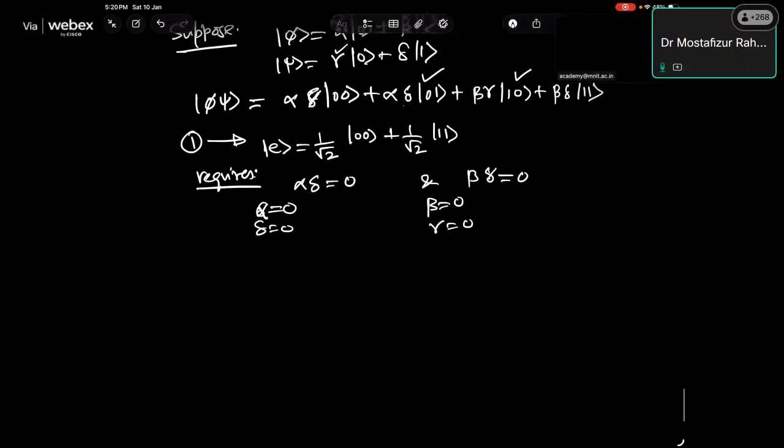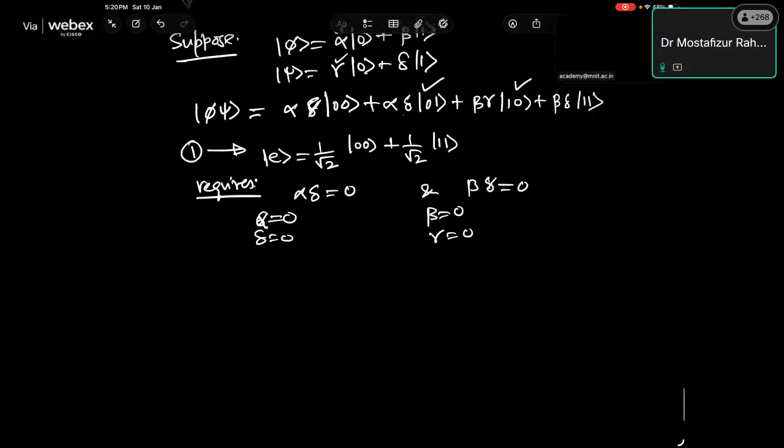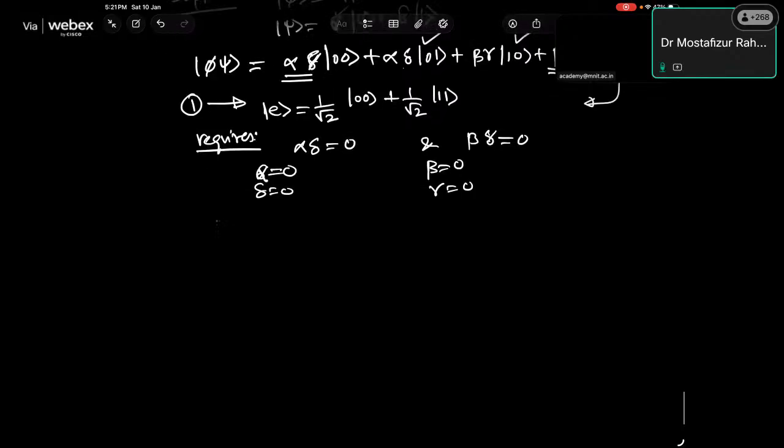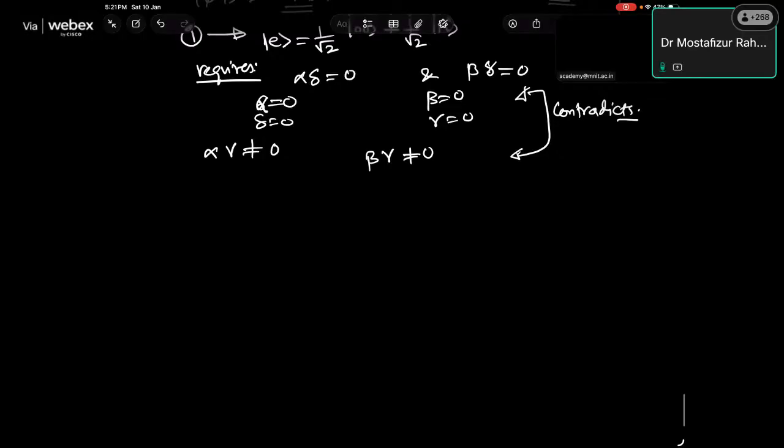If this is the condition, then if we compare these two equations, alpha gamma and beta delta are non-zero. They are 1 by square root 2, 1 by square root 2, right? So alpha gamma not equal to 0, and beta delta not equal to 0, because they are 1 by square root 2. Hence, these two conditions contradict each other, right?